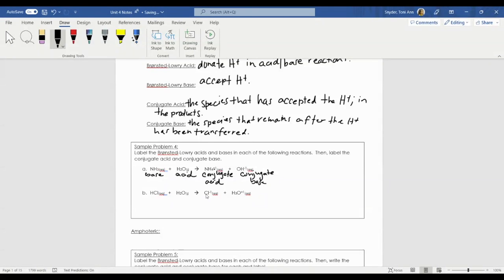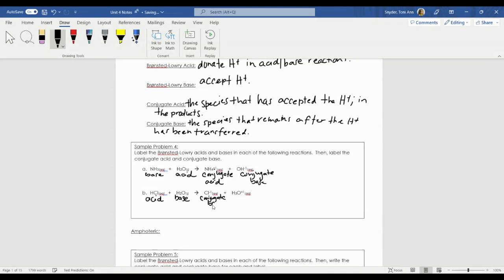So in this case, my acid is the hydrochloric, because this is donating a proton to water, which makes water the base. It's accepting another proton.